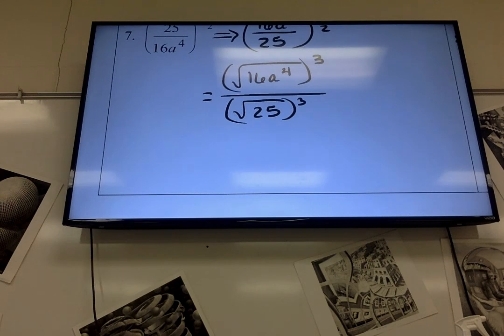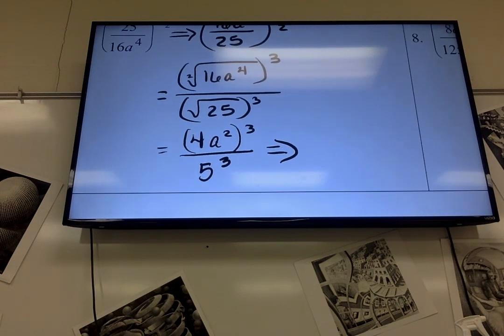Do we just know the square root of 16? 4, yeah. And square root of a to the 4th? Yes. Remember, you're dividing. There's a little 2 here. 4 divided by 2 is 2. Still cubed. Square root of 25. 5. Again, still cubed.